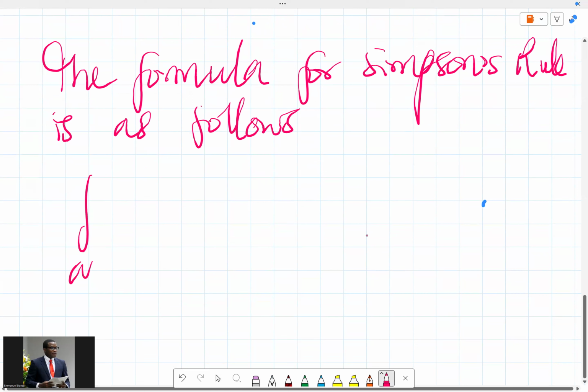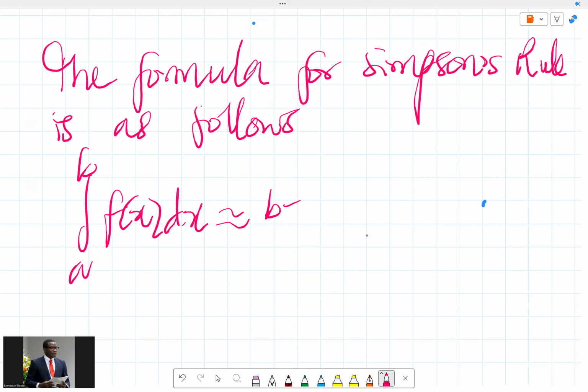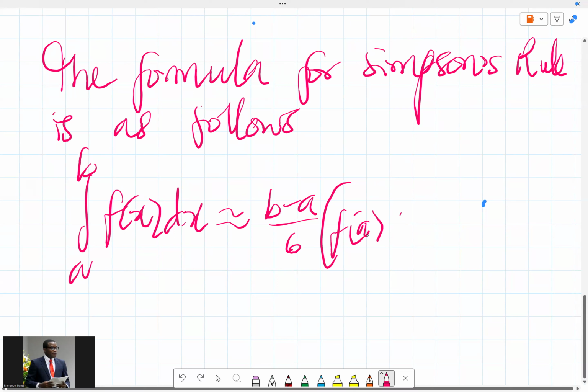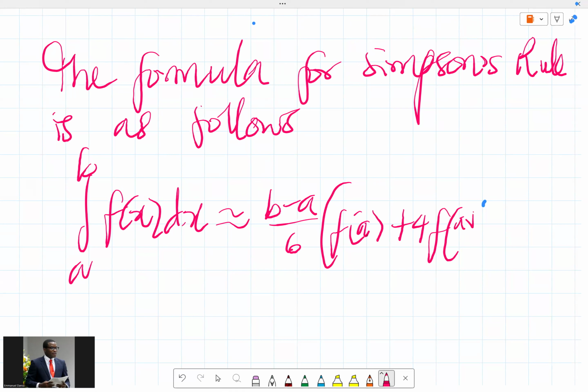We have the integral from a to b of f of x dx approximately equal to (b minus a) over 6, just like for the other one we talked about h over 2, into f of a, the function at the lower limit, plus 4 times f of (a plus b) over 2, plus f of b itself, the upper limit.